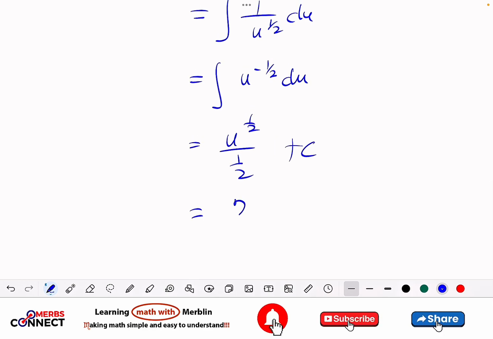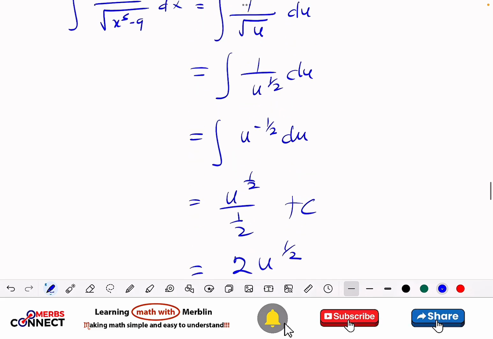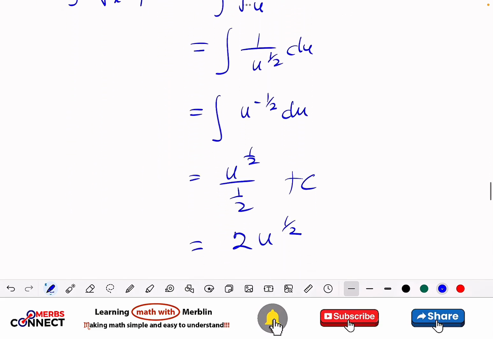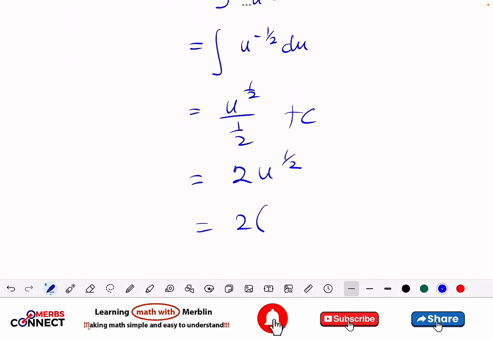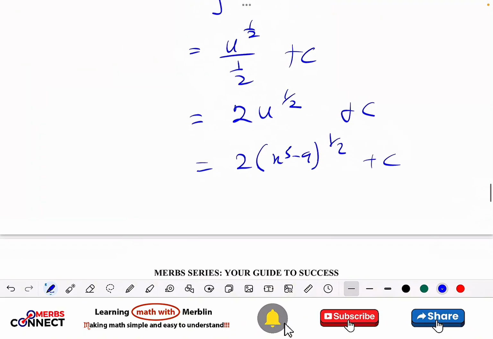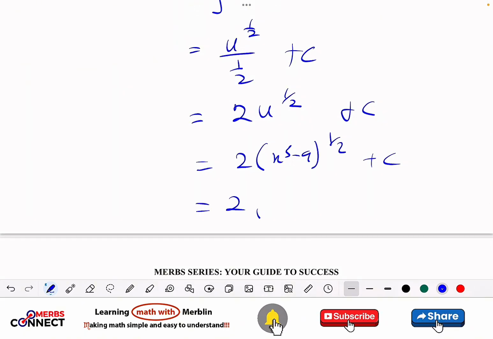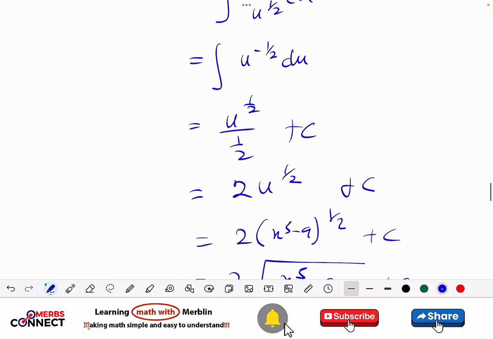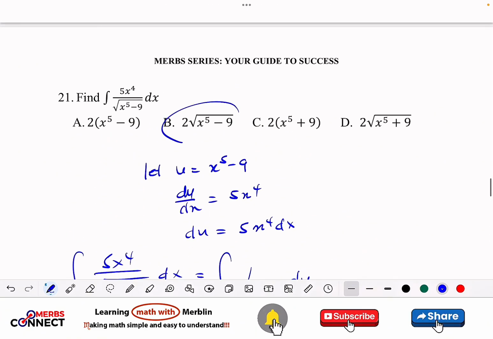And then 2u to the power 1 over 2. But what is u? u is x to the power 5 minus 9, to the power 1 over 2, plus c. So that's basically what we are going to get here. And then I can write this one as 2 square root of x to the power 5 minus 9 plus c. And let's see. Okay, we have it here.